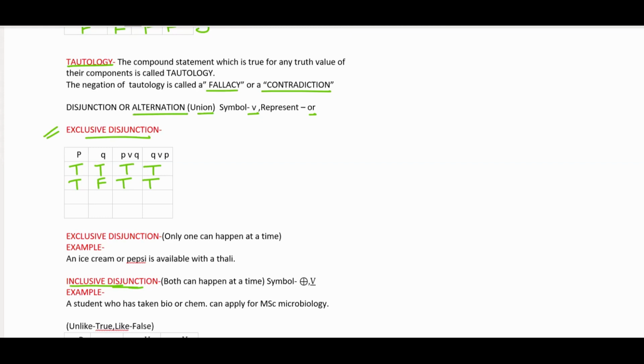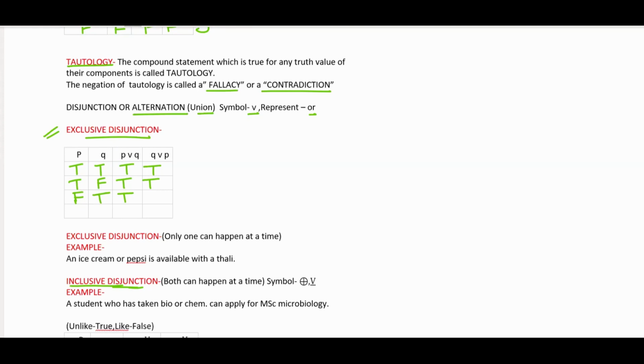If one of the component statements is true, then your ultimate answer will become true. You have to keep in mind this. If p is f, q is t, then f union t is t because one of the statements is true, therefore my answer is true.